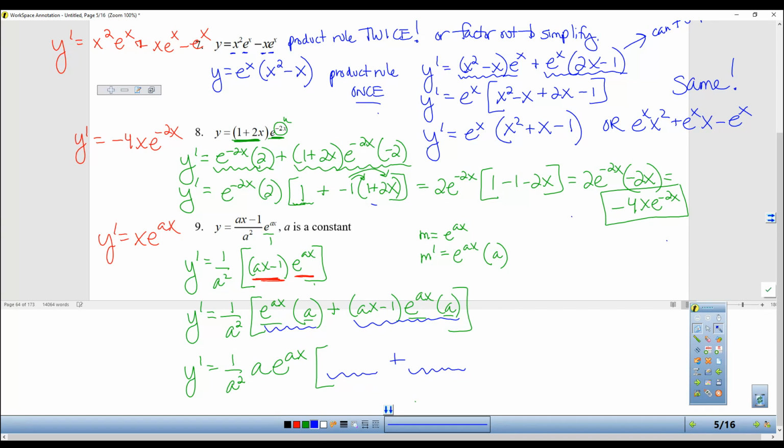If you start with 2 and you factor out, you still have 2 left. What did I leave here? Nothing. I took out the a and I took out the e to the ax. So what's left? Hopefully you said 1, not just nothing. And on this one, I took out the a and the e to the ax, so I'm left with ax minus 1. I don't need the parentheses anymore because it's not being multiplied by anything.